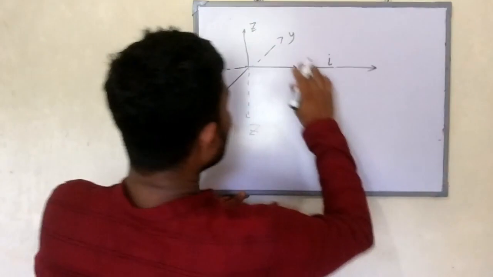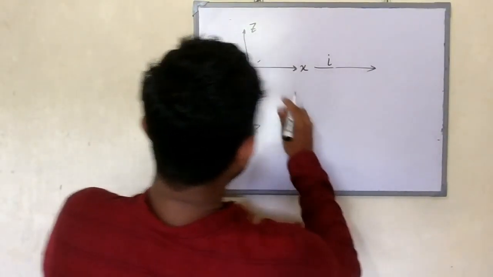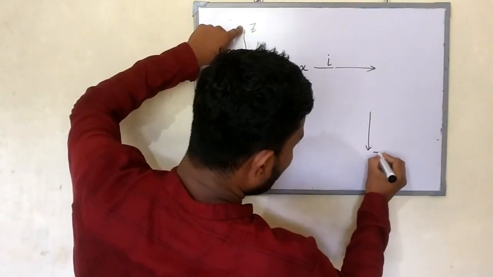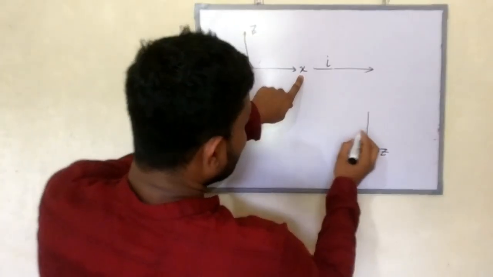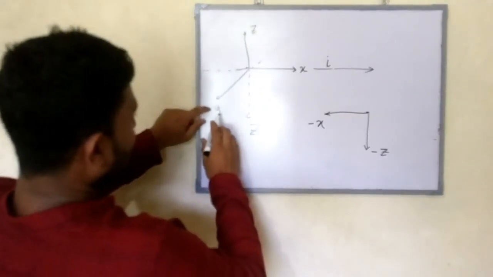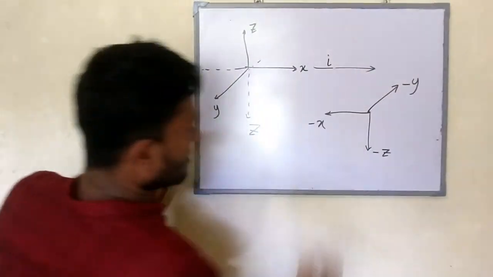So your resultant configuration will be like this. This plus z going downside into minus z. Here plus x going this side, minus x. This plus y going this side, minus y.